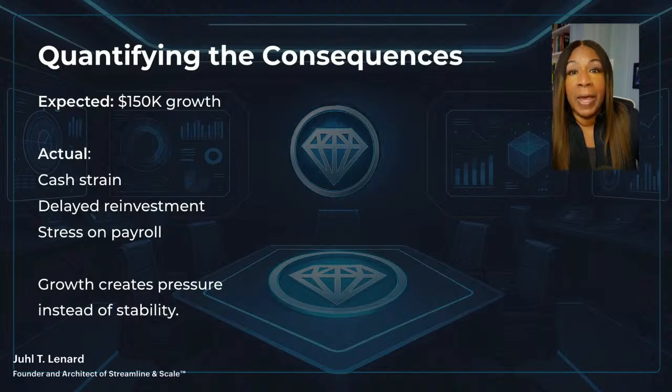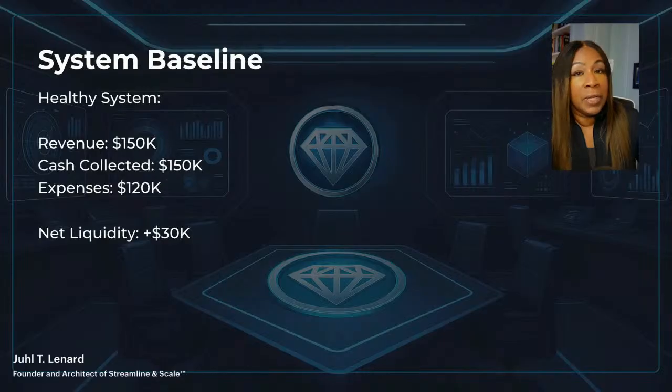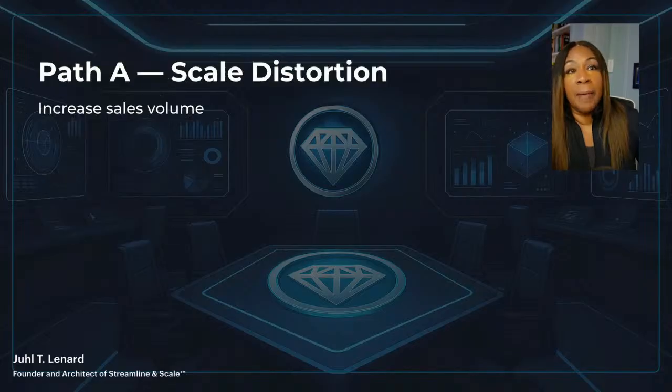It amplified what was wrong, right? If we look at a system baseline, a healthy system, revenue is 150K, cash collected 150K, expenses 120K, we're up 30K, right?